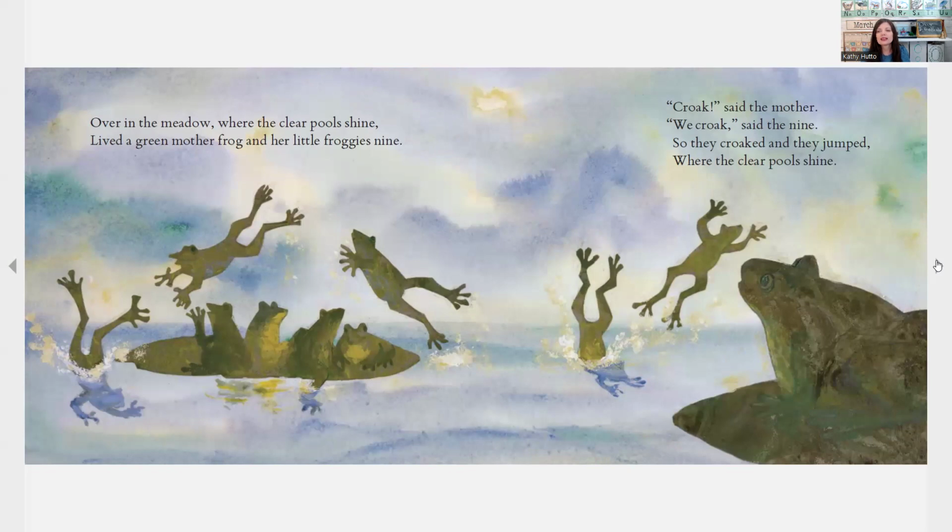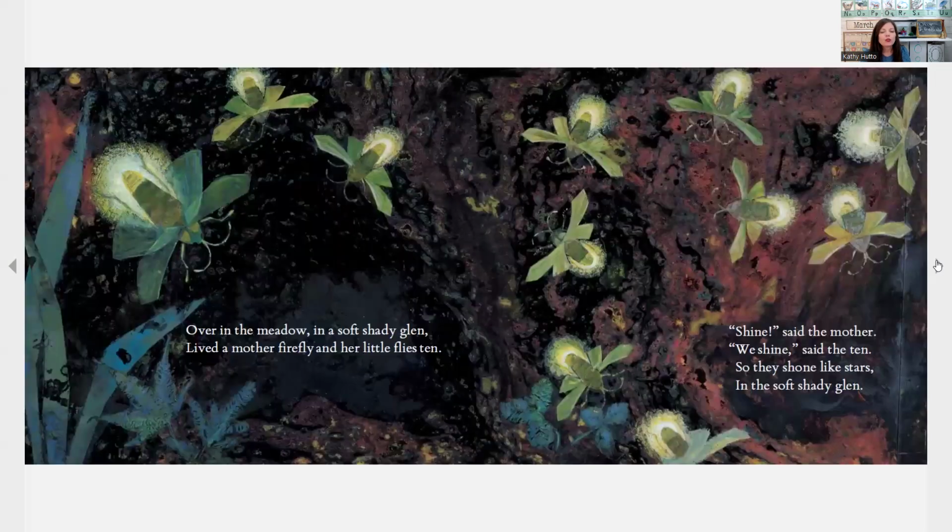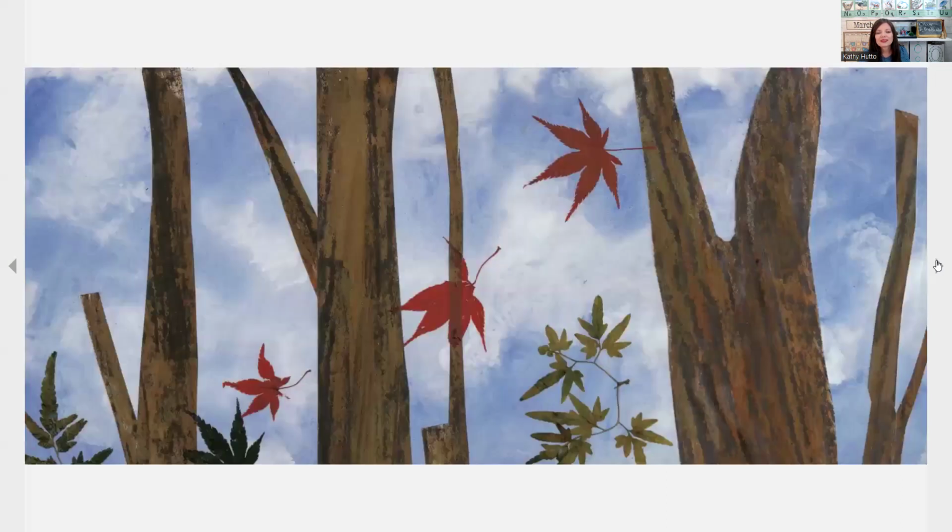We croak, said the nine. So they croaked and they jumped where the clear pools shine. Over in the meadow in a soft shady glen lived a mother firefly and her little flies 10. Shine, said the mother. We shine, said the 10. So they shone like stars in the soft shady glen.